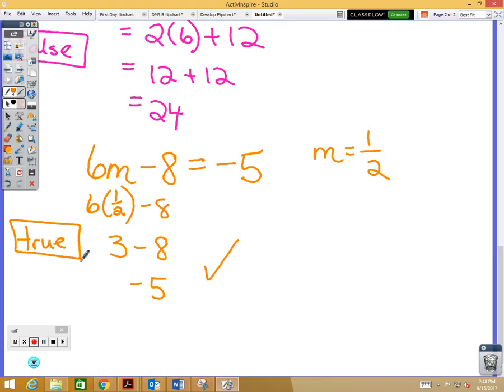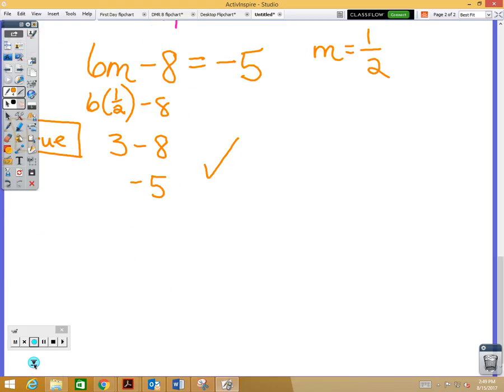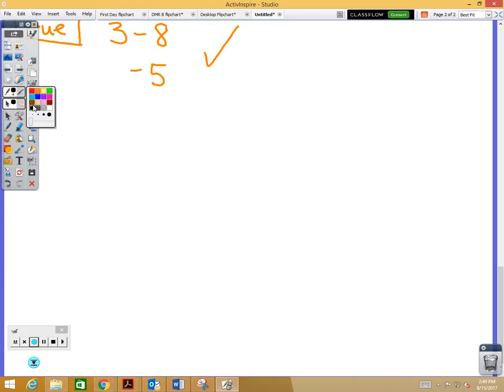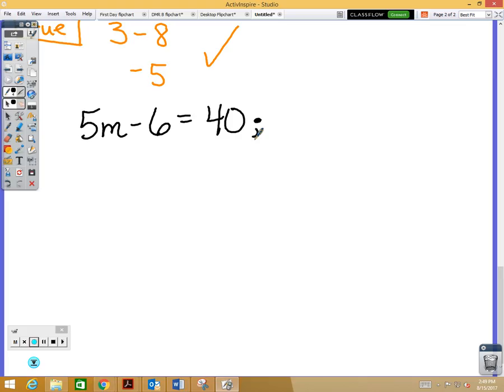Now I want you to be aware of when they write these on your assignment. I think the way they have it looks a little confusing. They're going to write your equation, then they're going to use a semicolon, and they're going to put a number. That means, make sure you listen to me, this part here is your equation. The 6 is what you're substituting in for the variable.